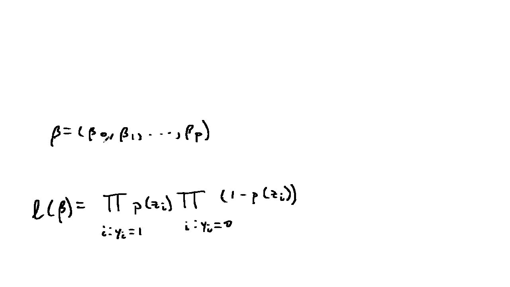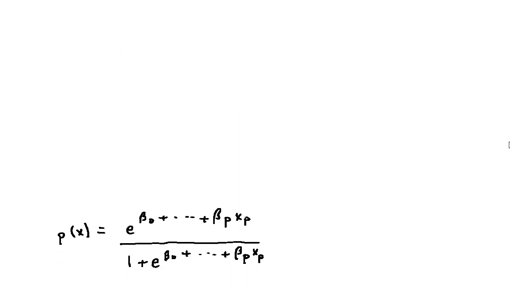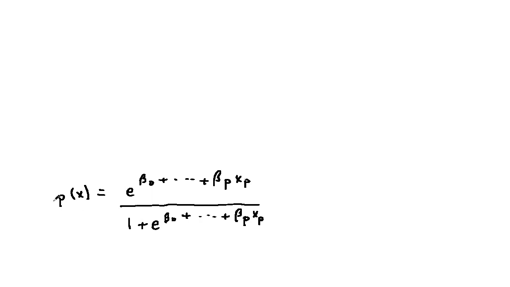Thus, to find estimates for beta 0 through beta p, we want to maximize the likelihood function. Letting beta be beta 0 through beta p, we can rewrite the likelihood function as L of beta given by this product. So here we just replaced beta 0 through beta p by beta. Recall that p of x is given by this, so p of x depends on the parameters beta 0 through beta p.